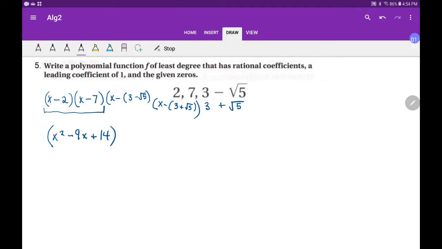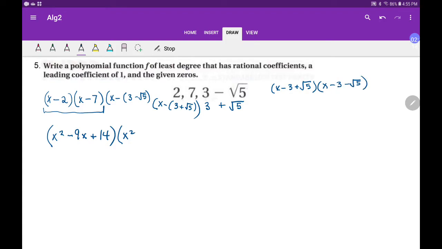Now let's think about this. Over here I have x squared, because x times x. Let me write this over here. And if I extend that negative sign, that becomes positive, and I'm getting rid of the inside parentheses: negative 3 and negative square root of 5.